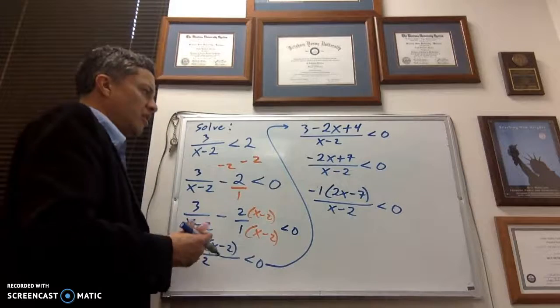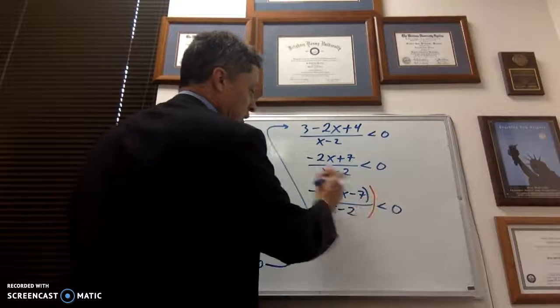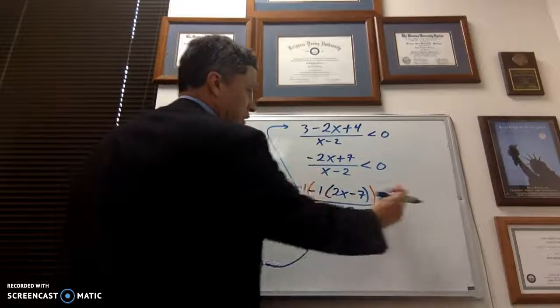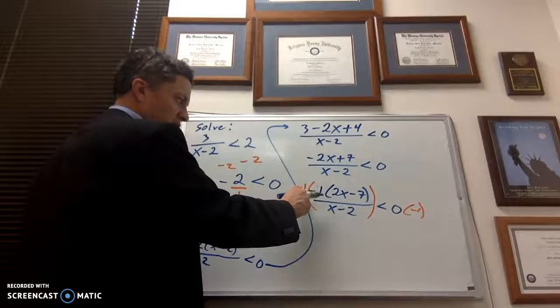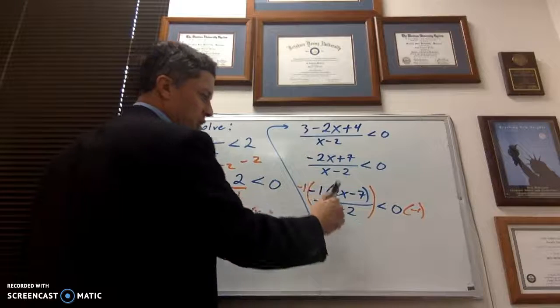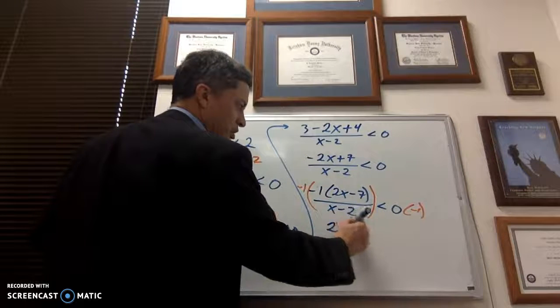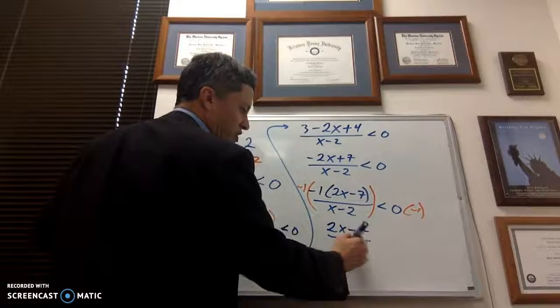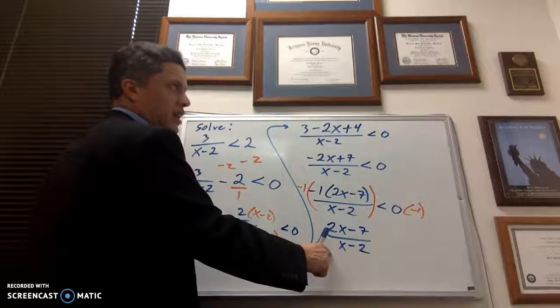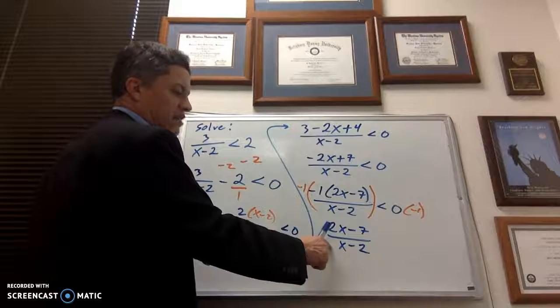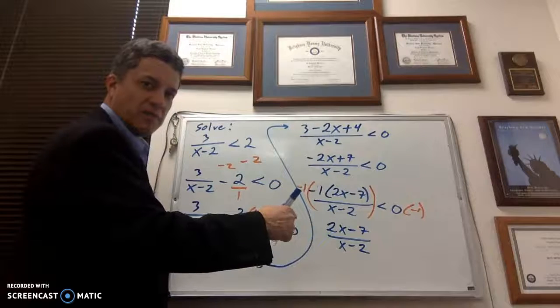All right, now I'm going to multiply both sides of this inequality by a negative 1. What that does is negative times a negative is a positive, so I'll have a positive 2x minus 7 over x minus 2. So see how I now have the leading coefficient of the numerator and the denominator both positive?